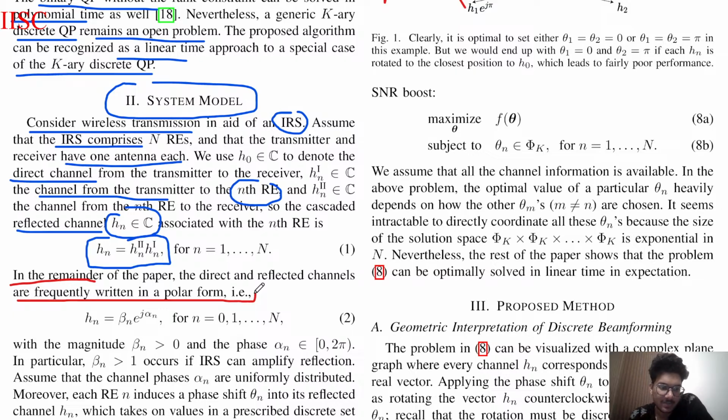So we write Hn as beta n e to the power j alpha n.